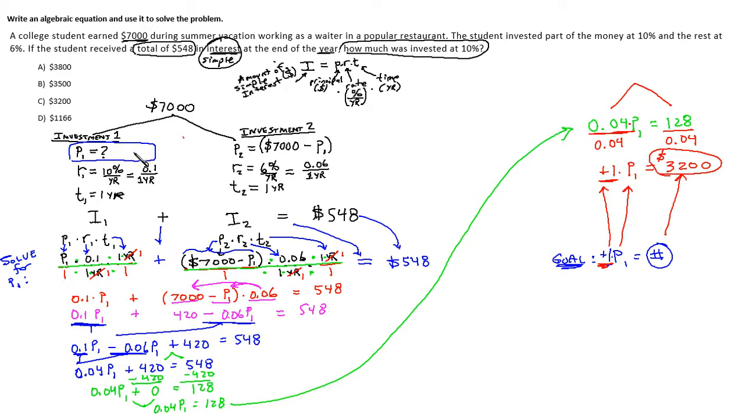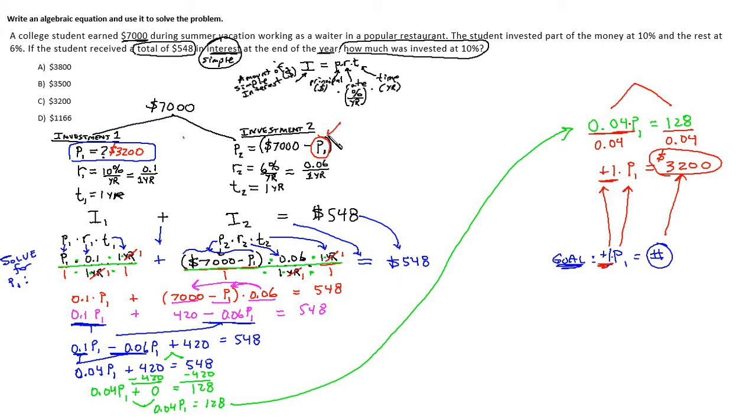And there's ways to check this. We could continue by calculating. This would be the answer I would look for. But before I do, I just want to make sure, if we were to take P1 as in this expression right here and replace it with 3,200, it'd be one way to check.